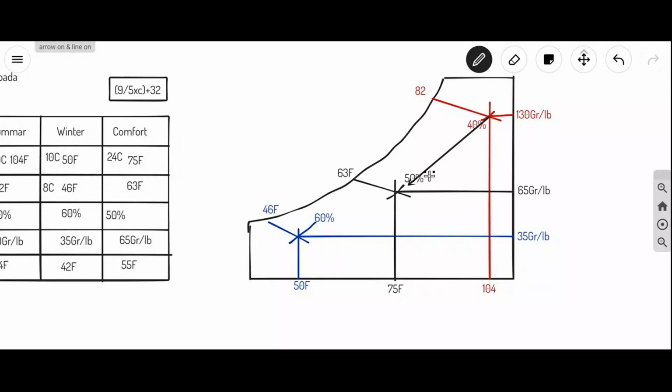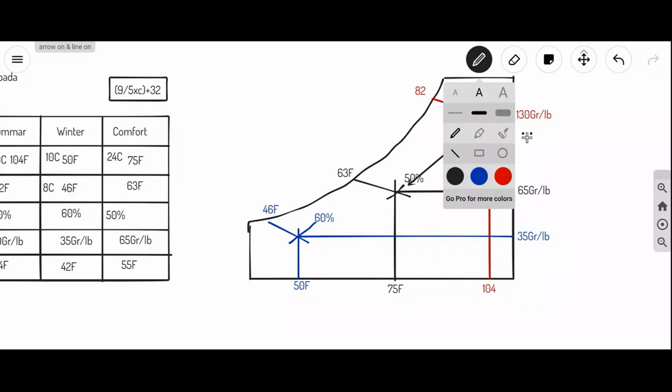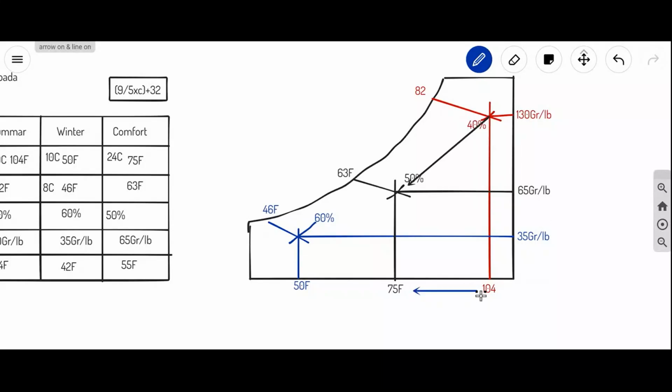To shift this point to here, first I need to move this point to here. So I need to go with cooling, right? Decreasing the temperature, which is called sensible cooling.